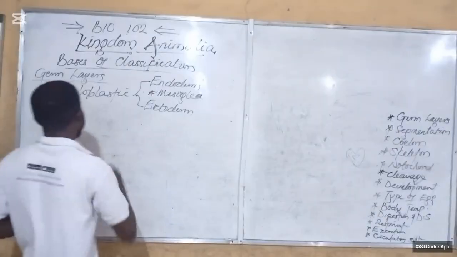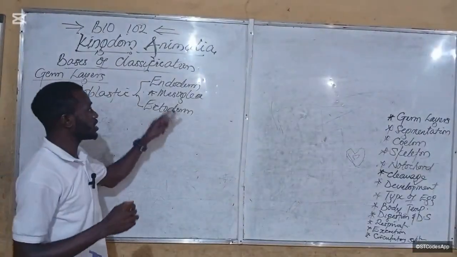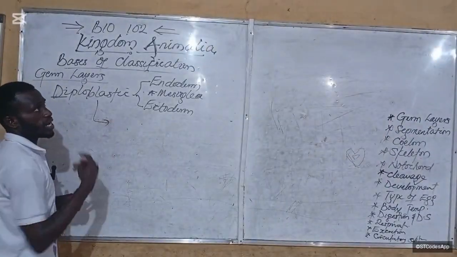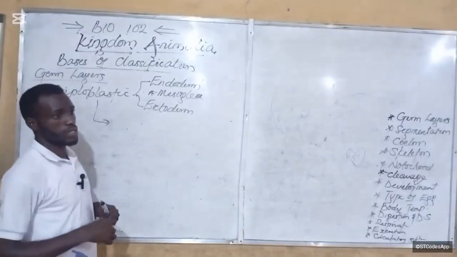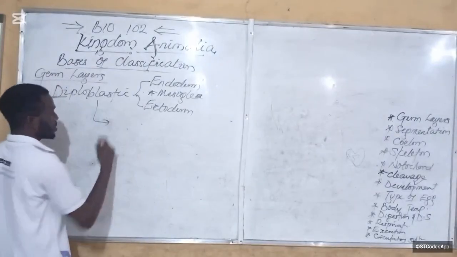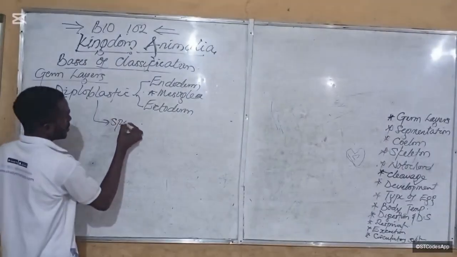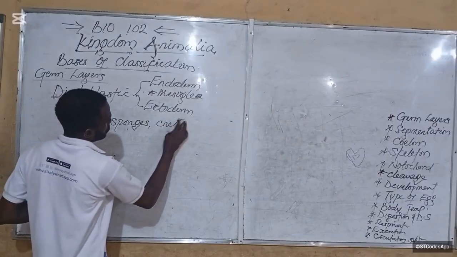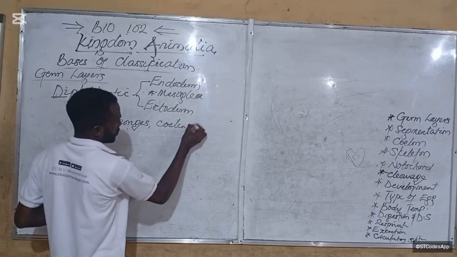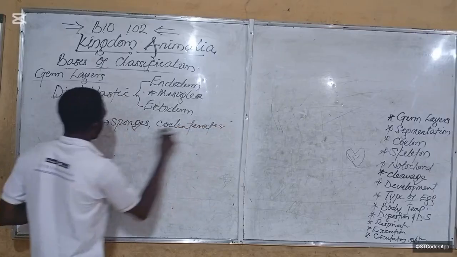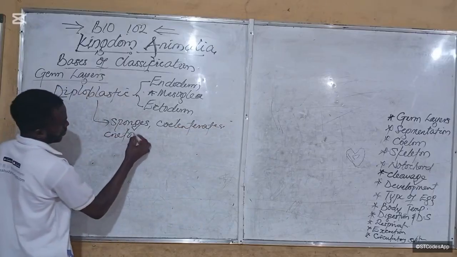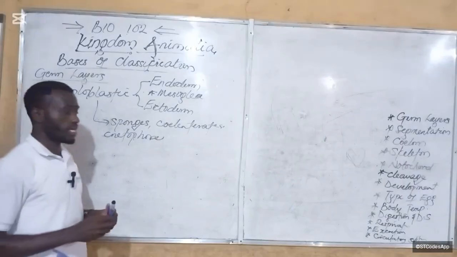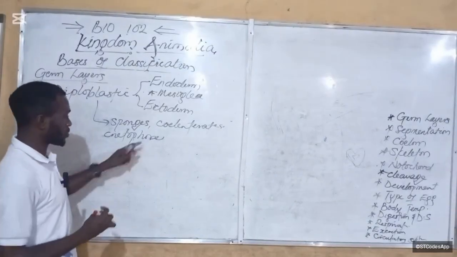So organisms that are diploblastic have only these two germ layers, and examples are the ctenophores, the sponges, coelenterates, the jellyfish, the sea anemones.